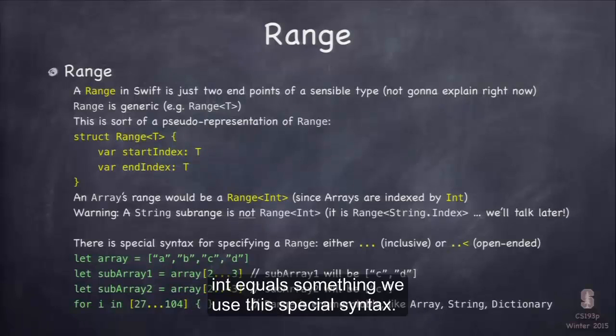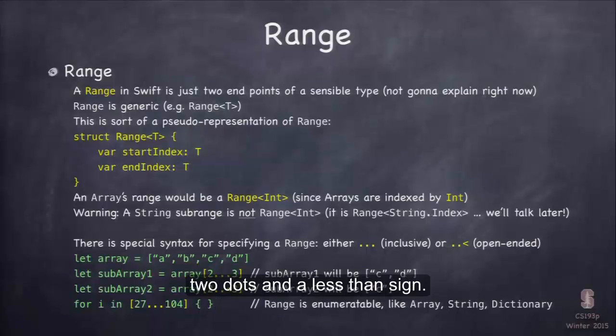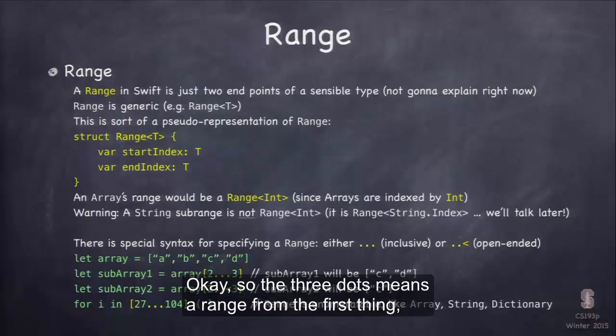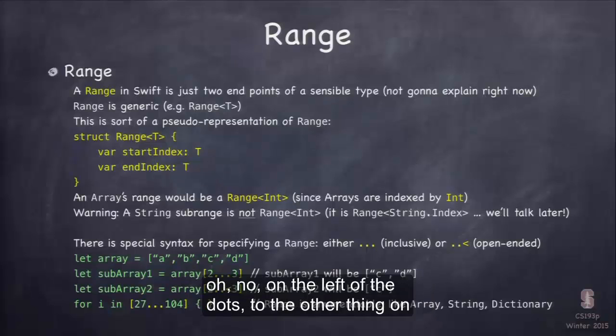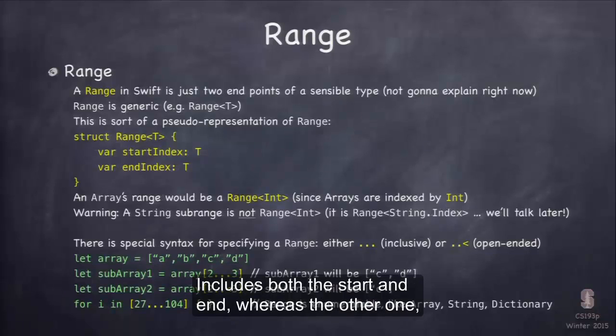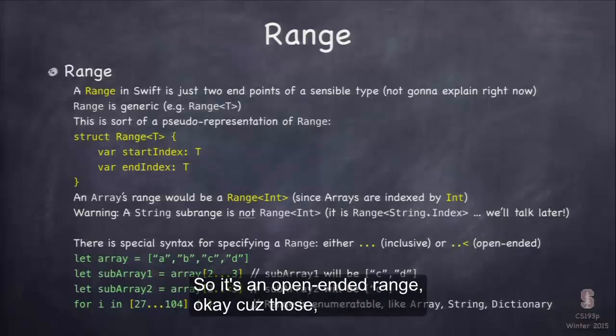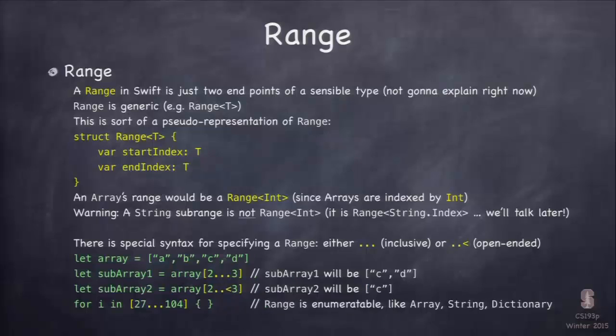We use special syntax: three dots, or two dots and a less-than sign. The three dots mean a range from the first thing on the left to the thing on the right, the start index and the end index, and it includes both. The other one, two dots and less than, includes the first one but not the second, so it's an open-ended range. Both of those kinds of ranges are common.